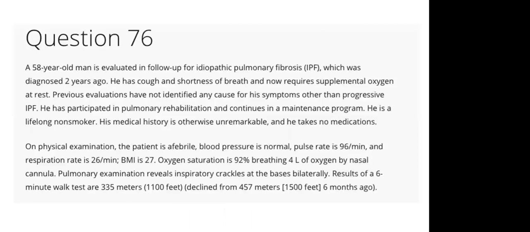You all can read this to yourself. Okay, who can give me a clinical summary, like what's the main thing that's going on with this guy in this situation?